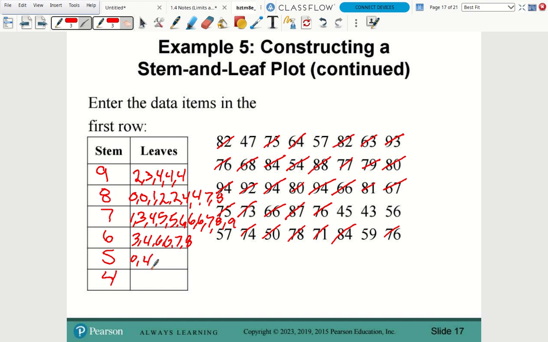Do I only have one 56? Yeah. Then 57, 2 57s. And there is a 59. Any more 50s? No.